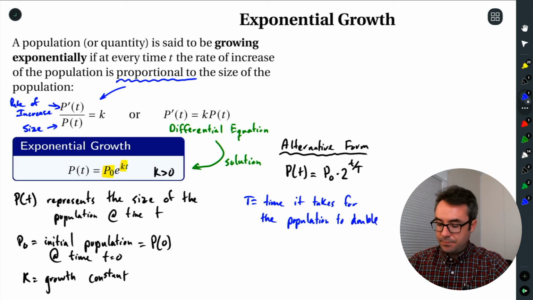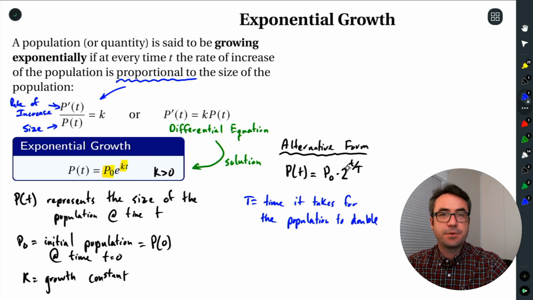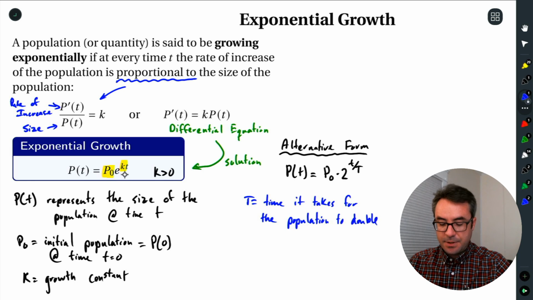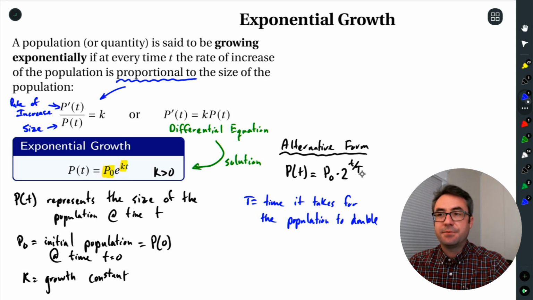Sometimes it's a little bit easier with calculations to use this formula. And you still need to know two things. You need to know your initial size for both of these. And then for this one, you need to know what k, the growth constant, is. And for this alternative form, you need to know, well, how long does it take for your population to double?